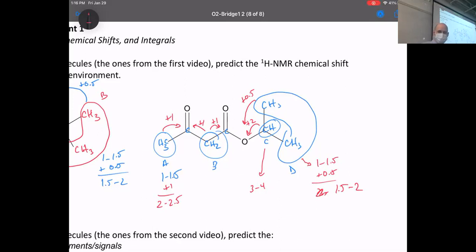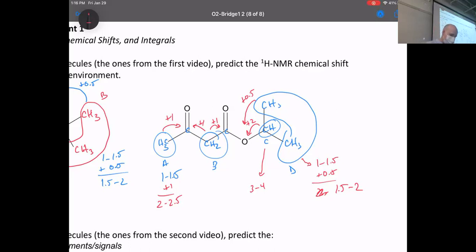All right, so where I find the little +1 thing to be pretty handy is if you have an environment that's simultaneously next to 2 different functional groups. Because if you're next to 2 different functional groups, your electrons are being withdrawn, or from the electron's point of view, you're de-shielded in both directions at the same time.